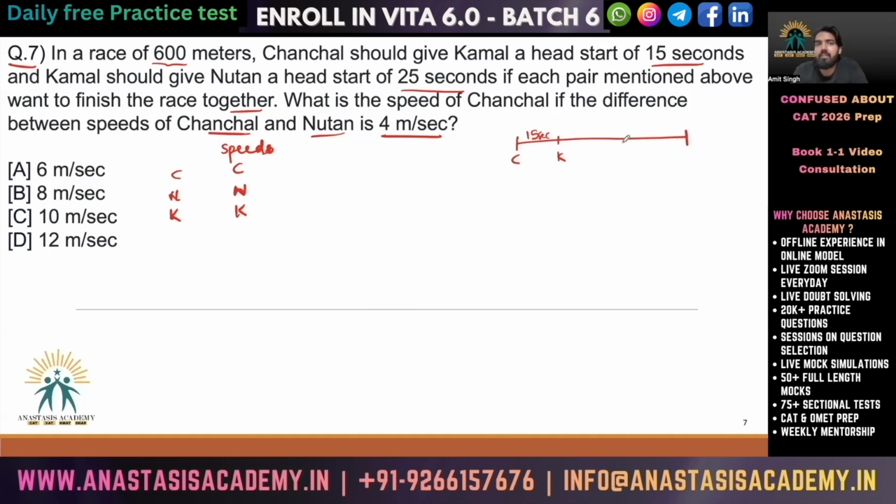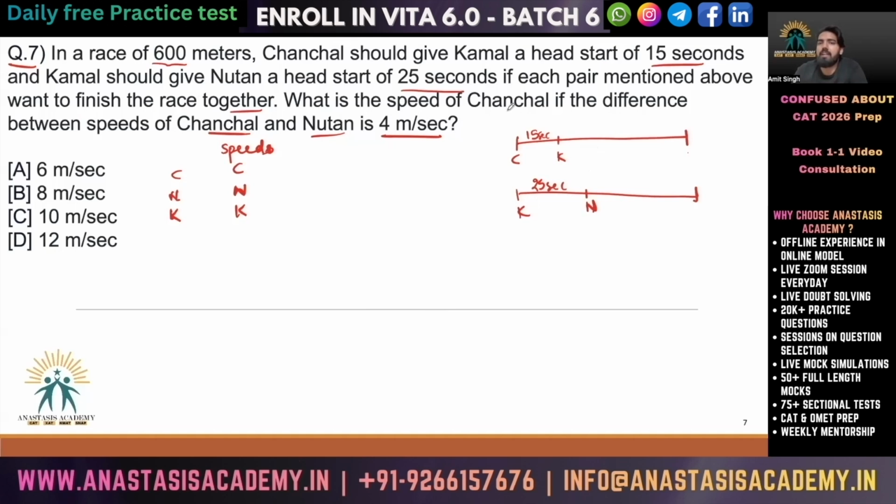So this is the scenario. Now they will end up together; this race will end in a dead heat. Second case is Kamal should give Nutan a head start of 25 seconds, and then they would end up finishing together.